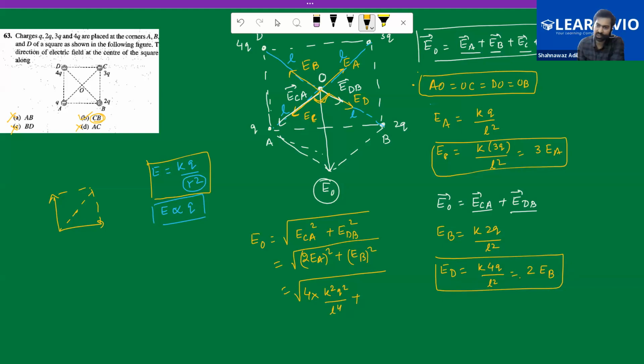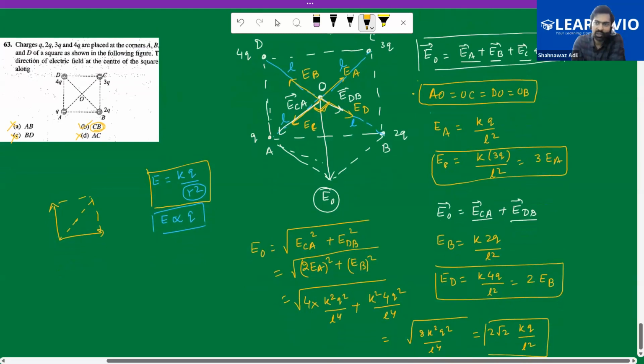EB squared is K square and then 4 and then Q square divided by L to the 4. So 4 plus 4 is 8. So this would be 8 K square Q square by L to the 4. So the magnitude would be 2 root 2 KQ by L square. This would be the magnitude, right? So we can find the magnitude as well. But they have not asked for it, so let me move on now.